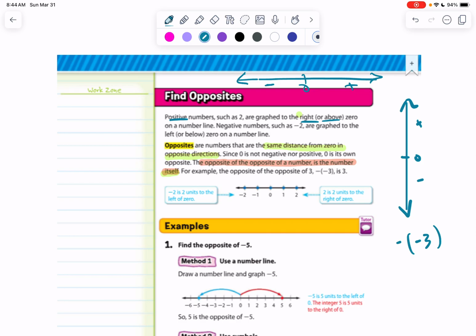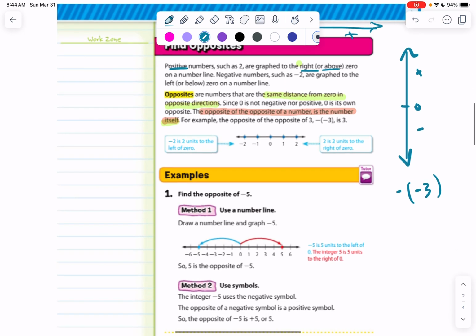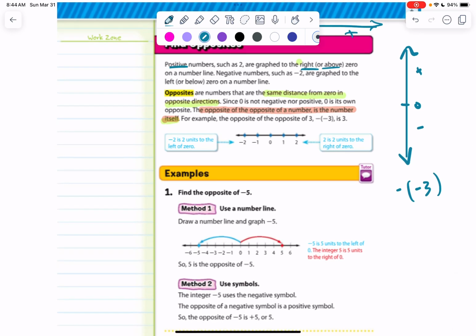So the opposite of the opposite of 3 is 3. So it's the same number. So it's like you just keep spinning around till you're dizzy and you fall down. Okay? So I want to highlight this. The opposite of 3 is negative 3, but the opposite of the opposite of 3 is 3. Goodness.